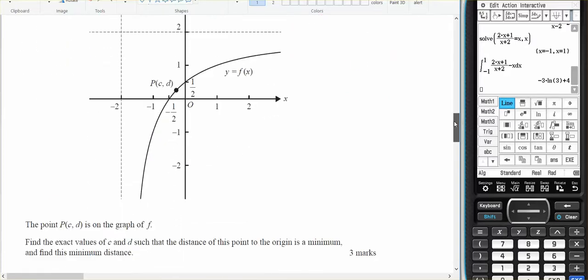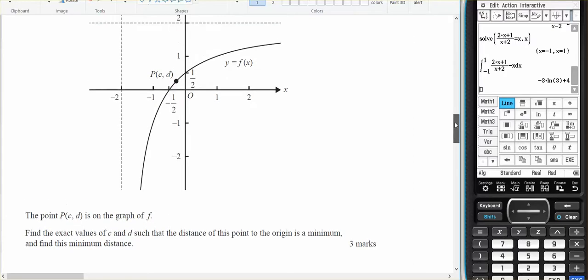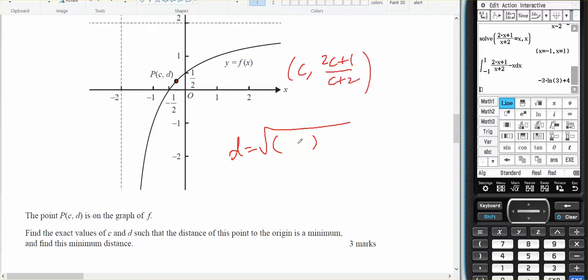Part of the graph is shown here. The point CD is on the graph. Find the exact coordinates of C and D such that the distance from the origin is a minimum. So the distance of CD is going to be the square root of, let's call the point C, D, where C is placed into this rule, so the coordinate is C and (2C + 1)/(C + 2).